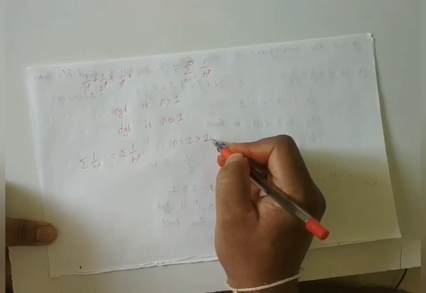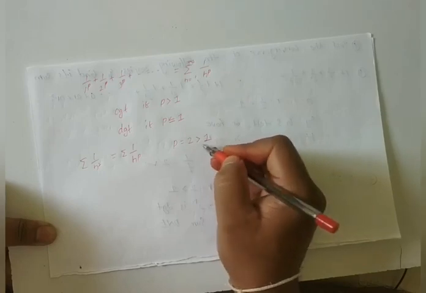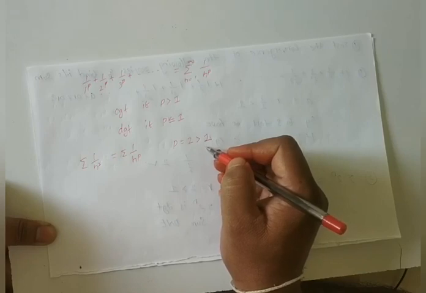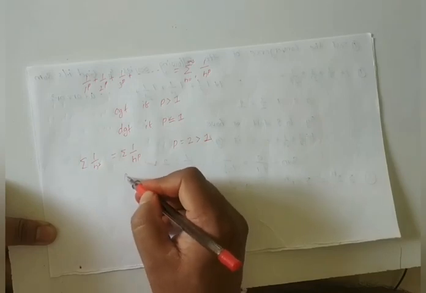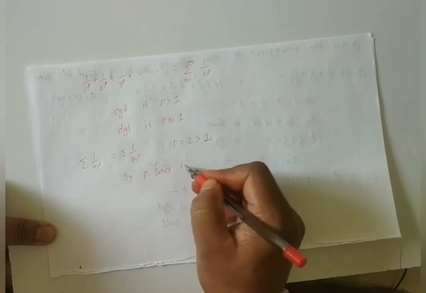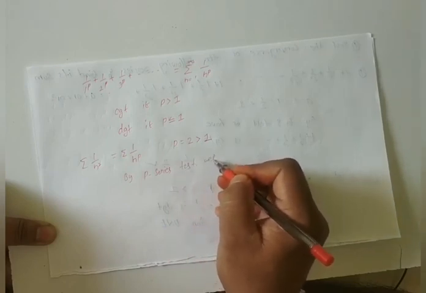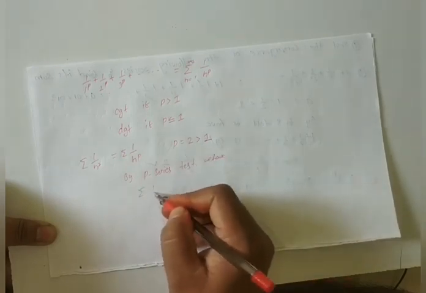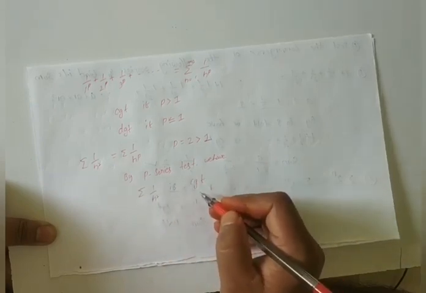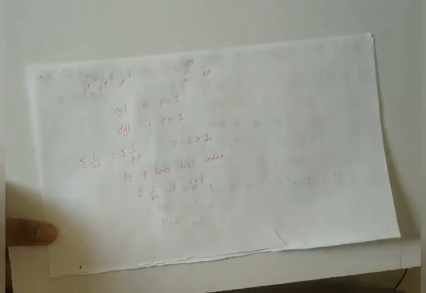Already we know that in the p series test, if p greater than 1, then the given p series is convergent. That means by p series test, the given series is convergent. Okay, clear students?